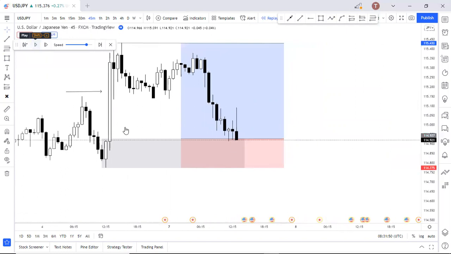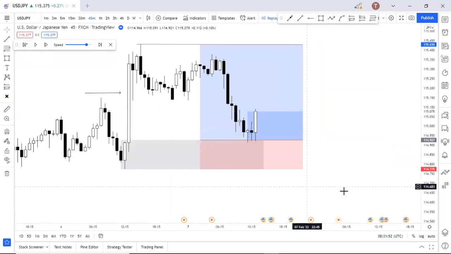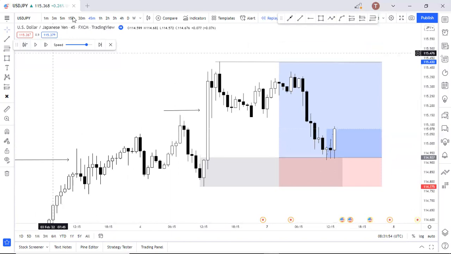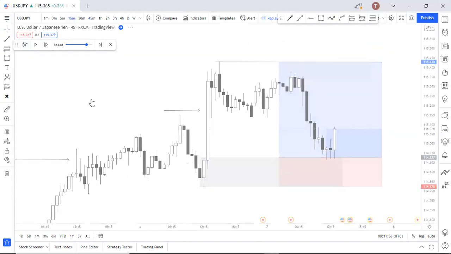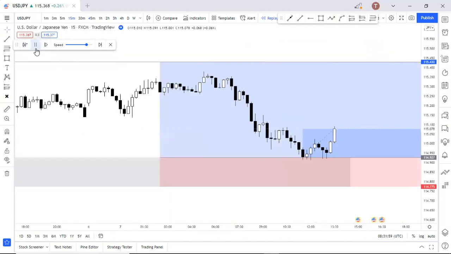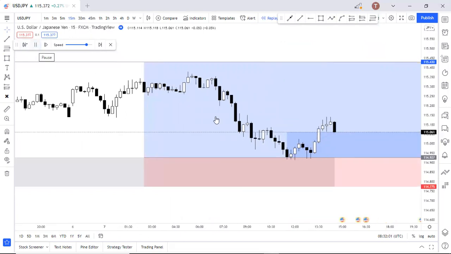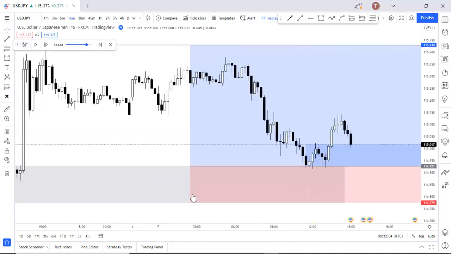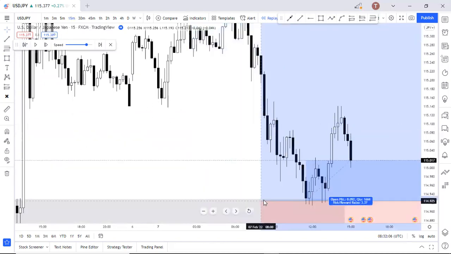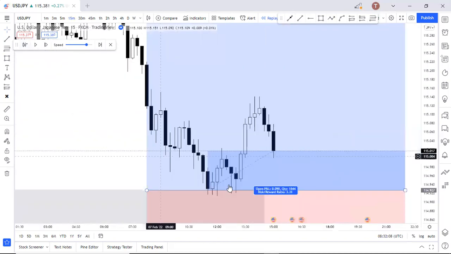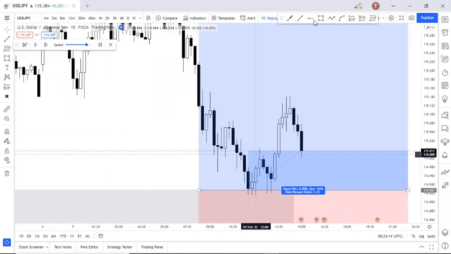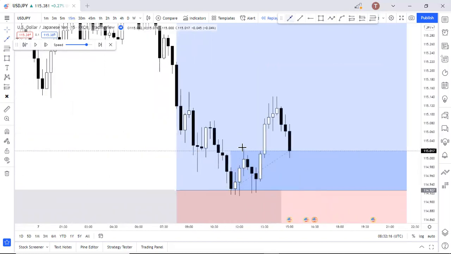And here we had the tap into my buy limit. I was tapped in, and on the 15 minutes time frame there was also another opportunity for re-entry, because if you had missed this first entry, this was another entry, like a confirmation entry, because we had this high being taken out.